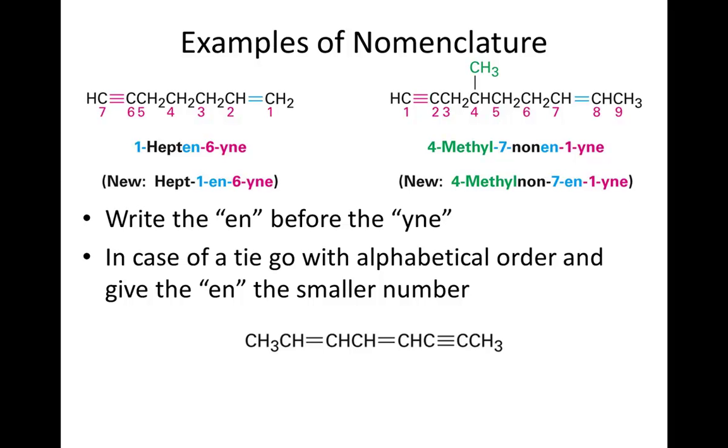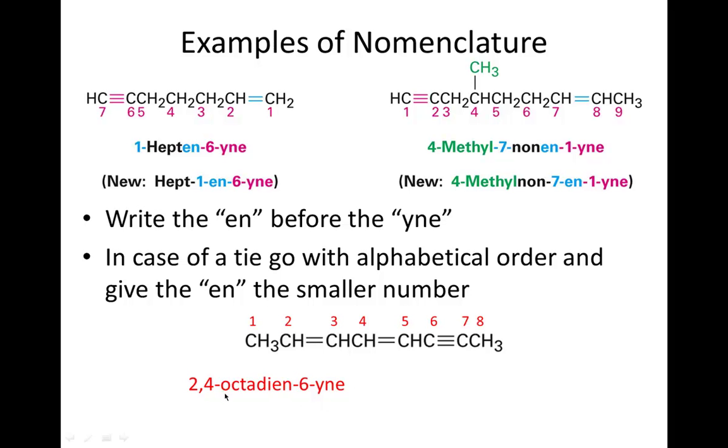And so here's one more example. This one is a diene and alkyne. And so if we start numbering from either end, we get to a multiple bond at 2, 4, and 6, either way. Since the enes come before the yne alphabetically, even if you're using the prefix di, we're going to start numbering from that side.